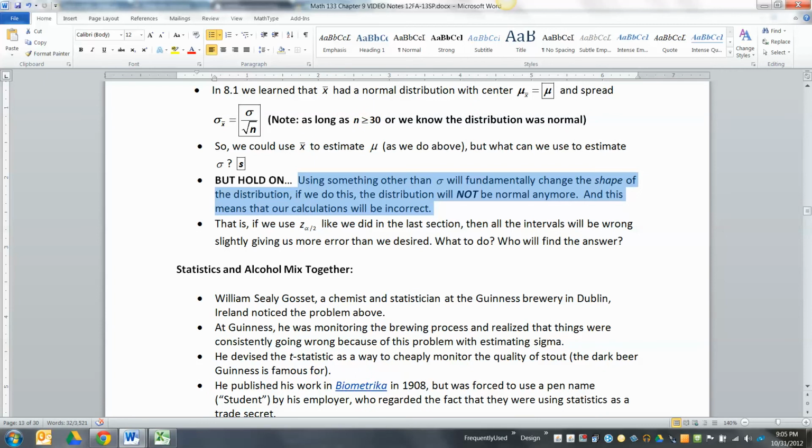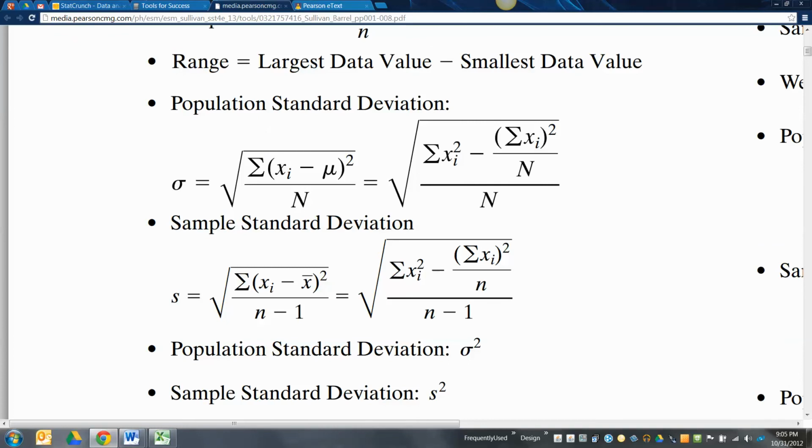So what they did for years was they shrugged their shoulders and kind of ignored it. But the problem with that is that you're always off. In later stats classes, what they'll say is that S is not an unbiased estimator of sigma, right? It's always biased. It's always going to be a little bit off, always. As a matter of fact, we learned the formulas for them way back in the day. Sigma is divided by capital N because it's population.